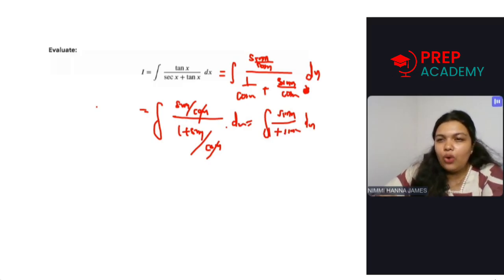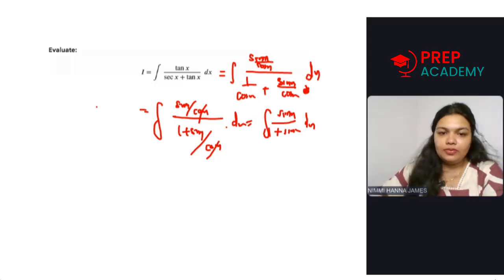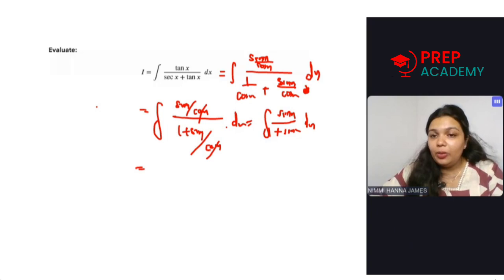Okay, now what we will be doing here is rationalizing, or just multiplying the numerator and the denominator by its conjugate. So the conjugate of 1 plus sin x is 1 minus sin x.